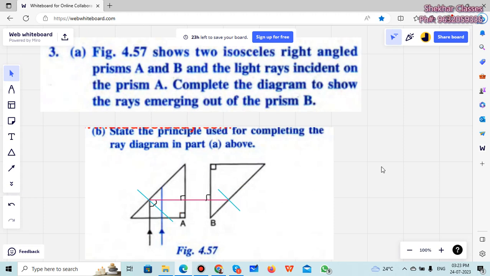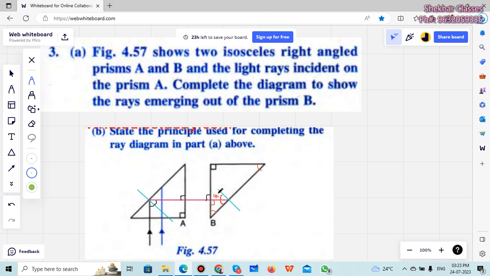Now what is the angle between the two here? We know that this angle is 45 because this is 45, this is 45, they have given you. So this angle is 90, this is 45, so this angle is also 45. And if this angle is 45 and the total is 90 degrees, this is the normal 90, so 90 minus 45, this angle also will be 45 degrees.